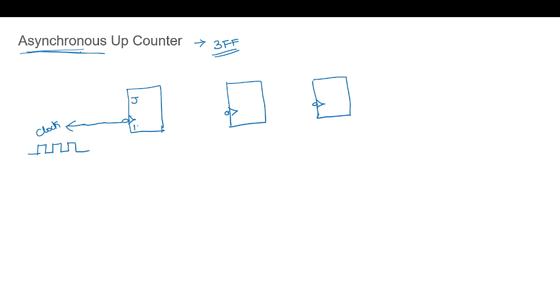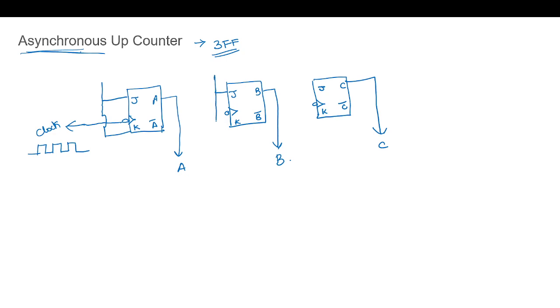Let's use JK flip-flops, and let us take all three outputs A, B, and C. Now let's operate all three flip-flops in toggle mode, with J and K connected to VCC.